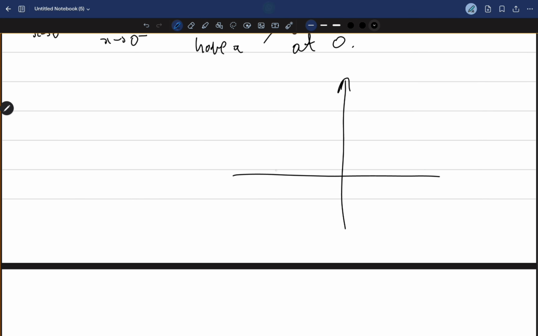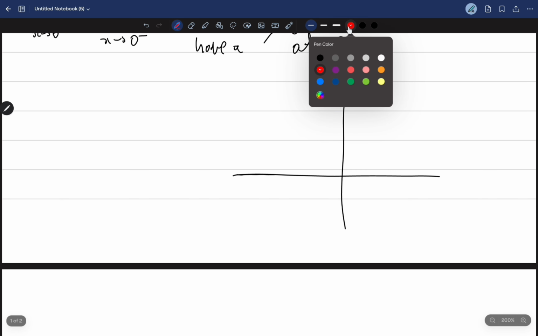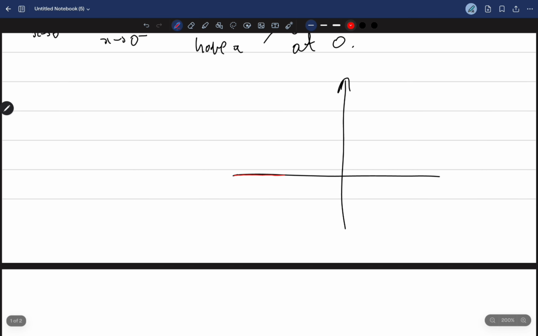So surely by this theorem, a function like this, so I'll have to change the colors. So if a function is like this, a function that equals, so this would be f of x equals 1 if x is positive and 0 if x is negative.